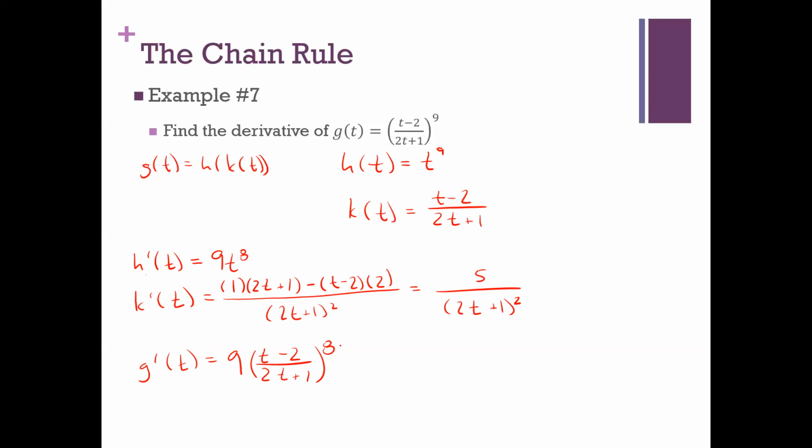All right, then what is the rest of it? Yep, then it's times 5 over (2t plus 1) squared. We're just trying to simplify a little bit. Equals 45 times (t minus 2) to the 8th over (2t plus 1) to the 10th.